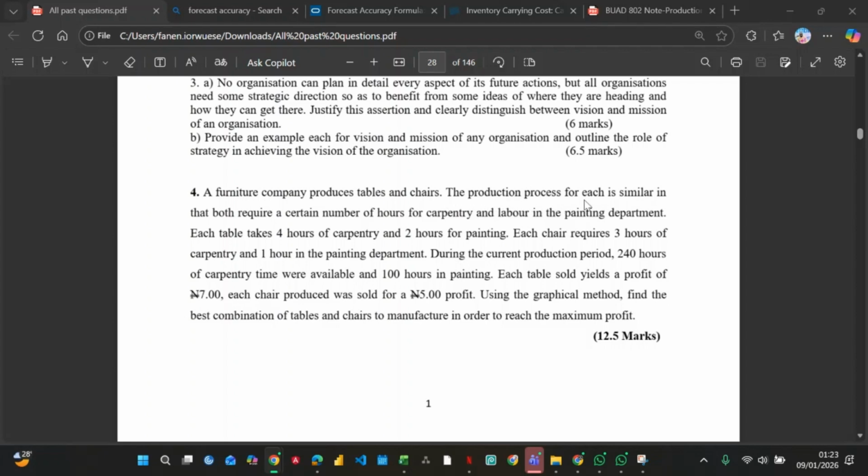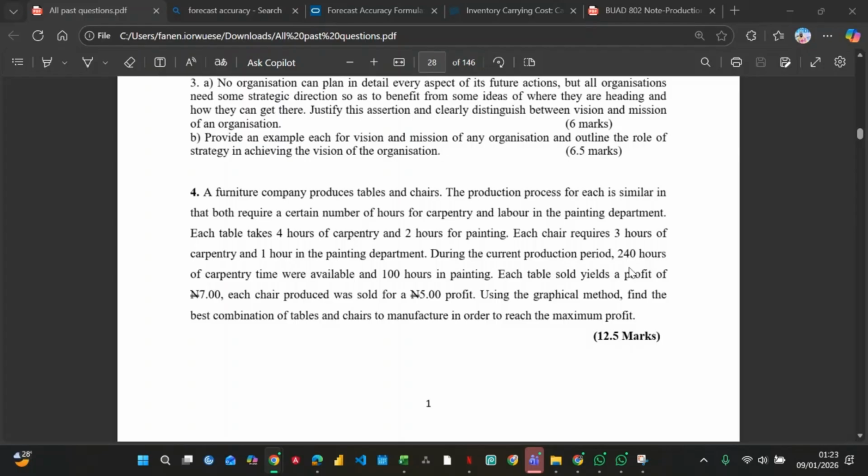The production process for each is similar in that both require a certain number of hours for carpentry and labor in the painting department. For each table, it takes 4 hours of carpentry work and 2 hours of painting. For a chair, it requires 3 hours of carpentry and 1 hour of painting.